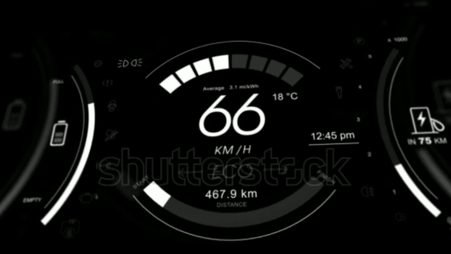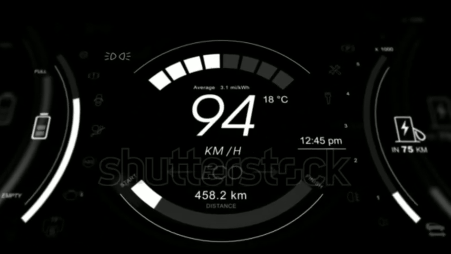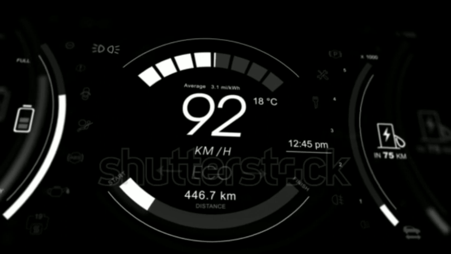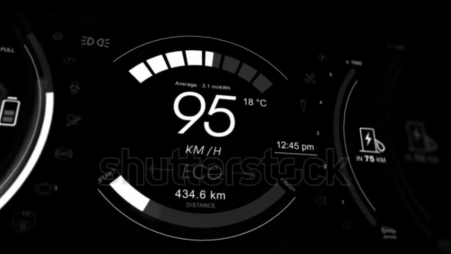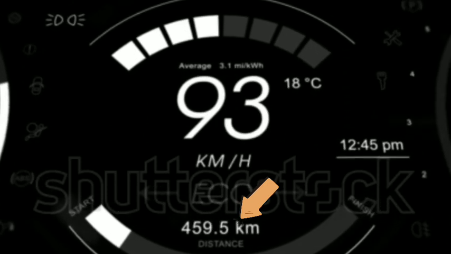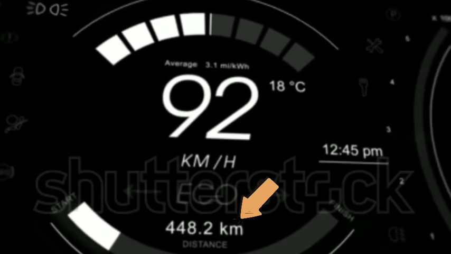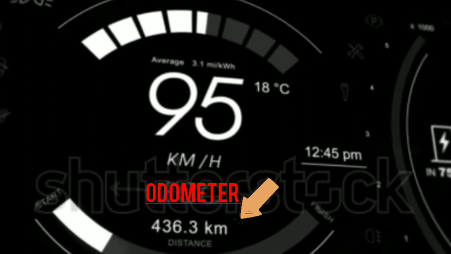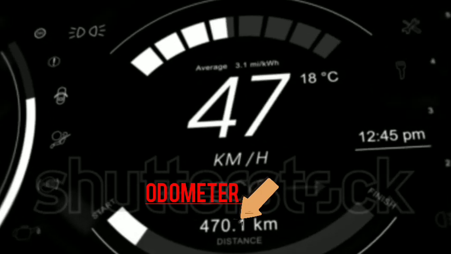There is an instrument called the odometer. Do you know where it is located? Here it is. This is the odometer. This measures the distance traveled by the vehicle.